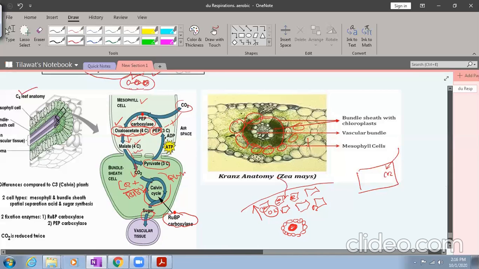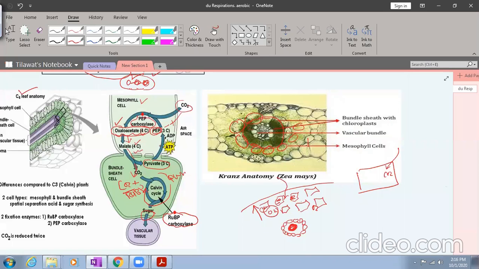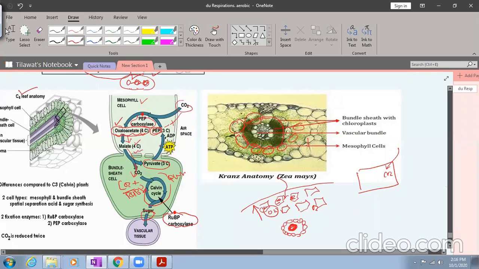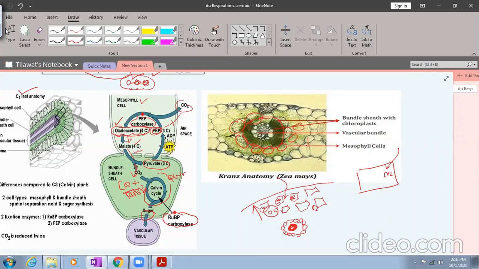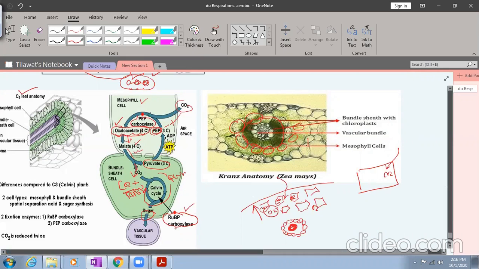So here, if you check, boys, actually nothing happened here, but we just transferred carbon dioxide indirectly from a higher concentration region of oxygen to the region where there is less or no oxygen. So that in that place, this RuBP carboxylase enzyme fixes carbon dioxide, because if oxygen is more, this enzyme can't fix it.